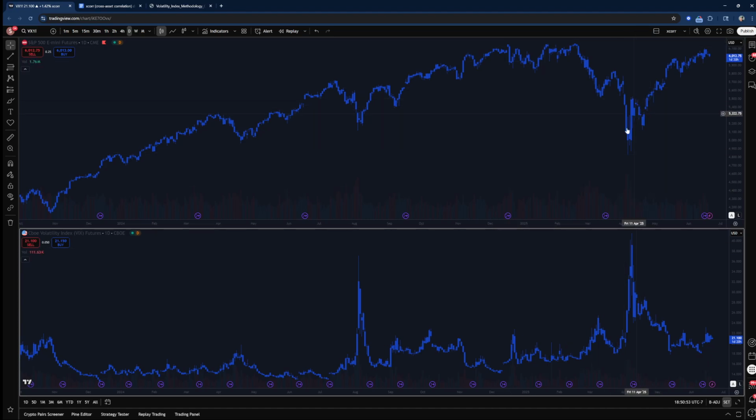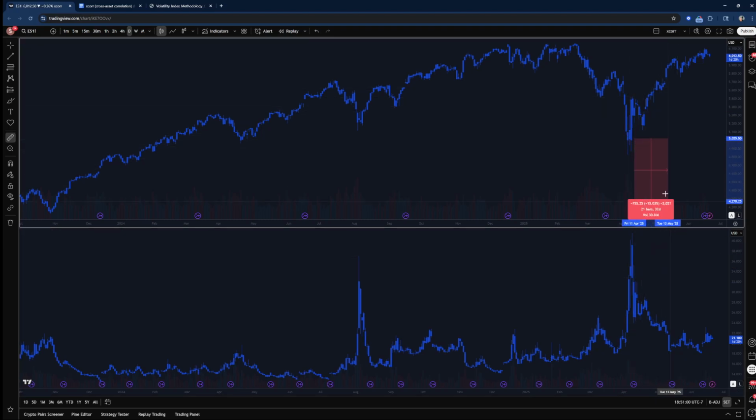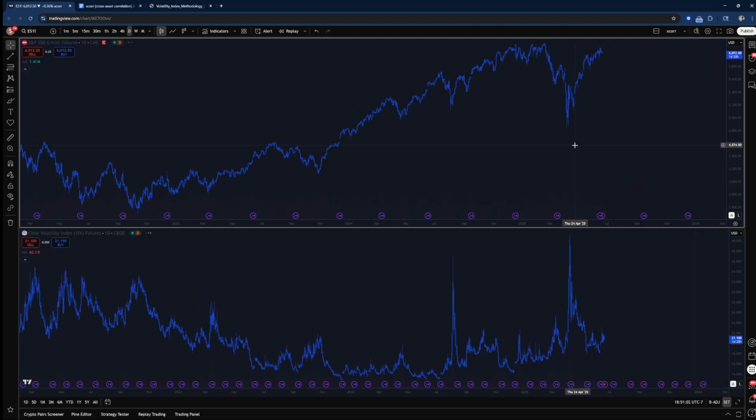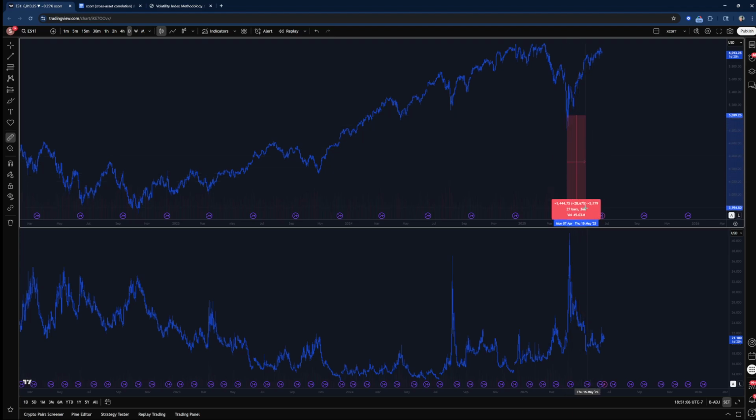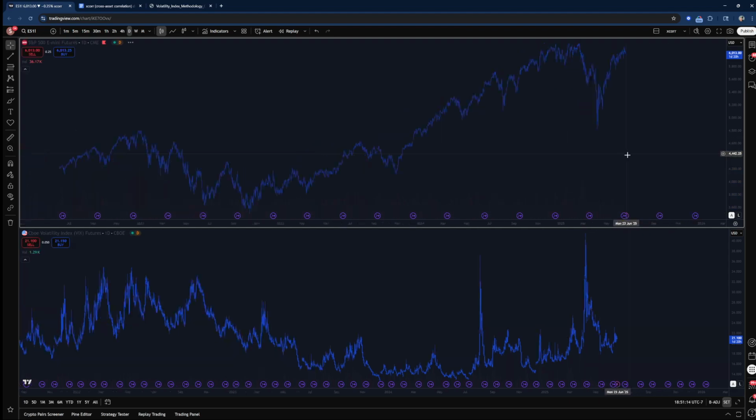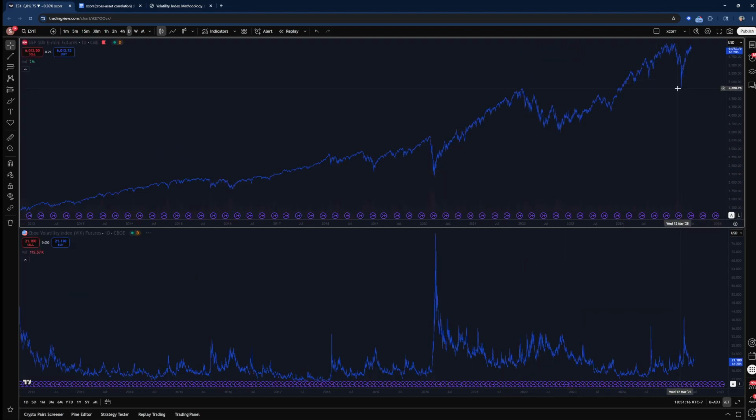So right here during Liberation Day, it was saying, we're going to move 40%. We don't know if it's up or down, but we're going to move 40% from here. That's what the options were pricing. So right here, 40% down.